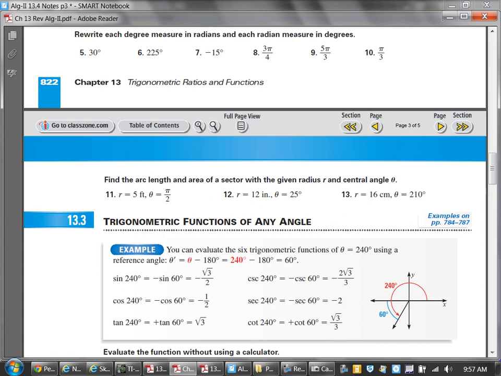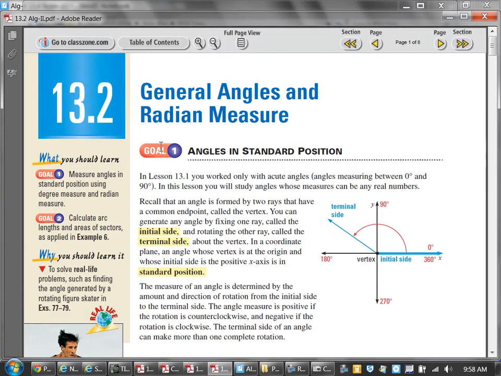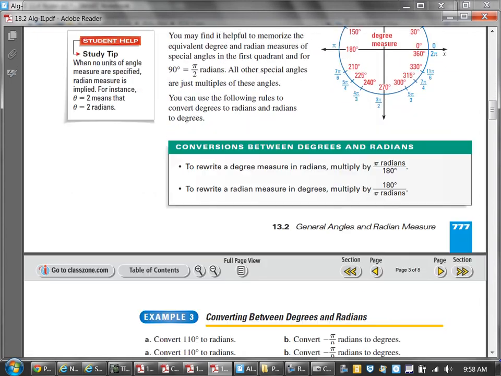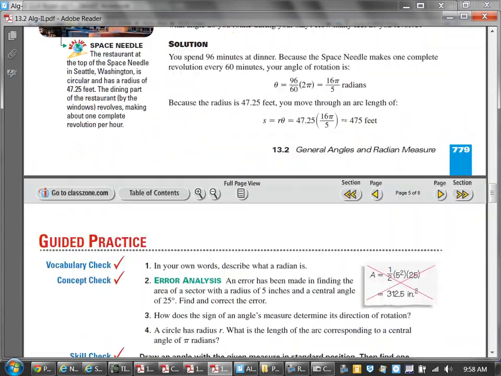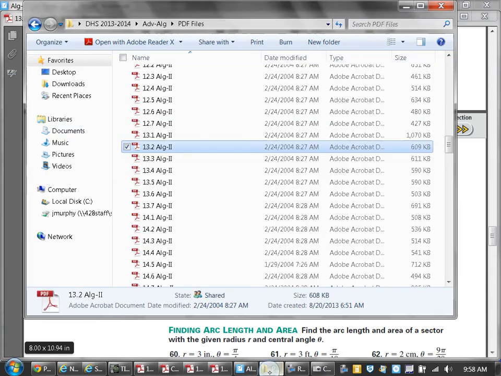Now, the stuff that's not in this, that I couldn't find extra problems for. What was it, 13.1, 13.2? In section, I want to say it was 13.2. Nope, it was 13.1.